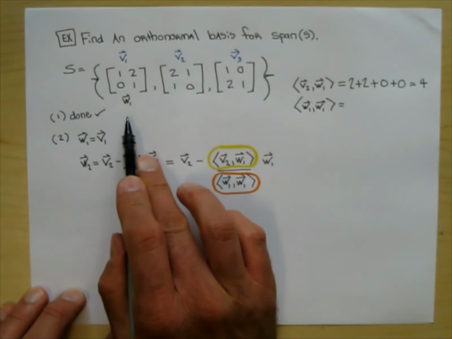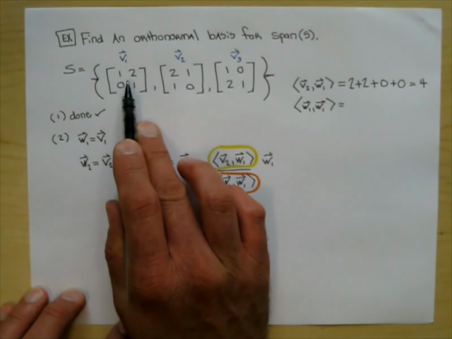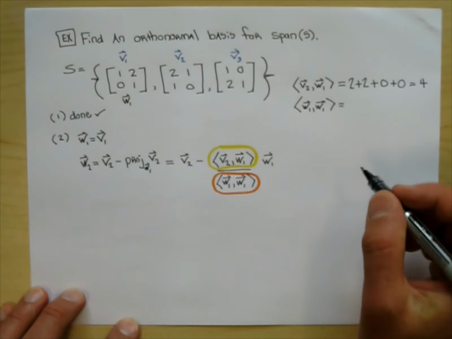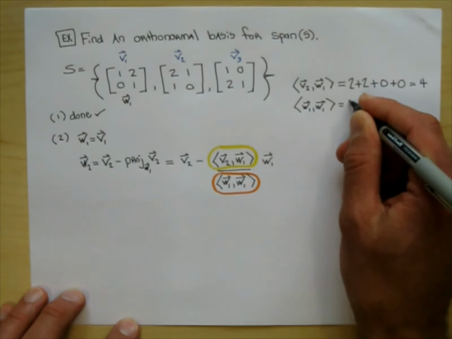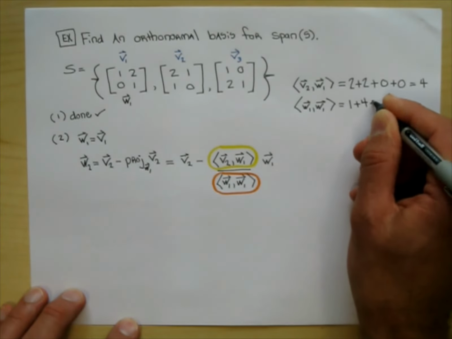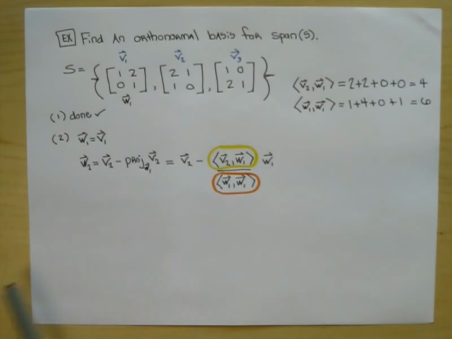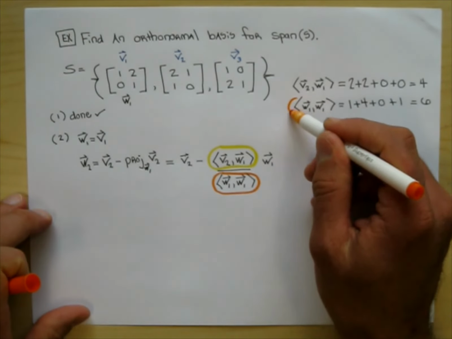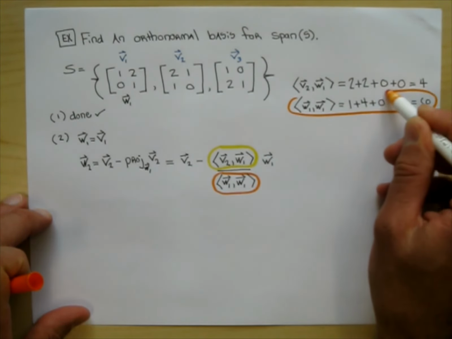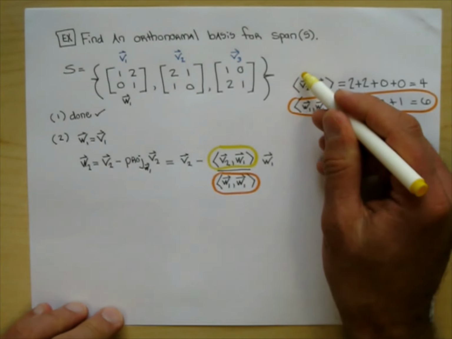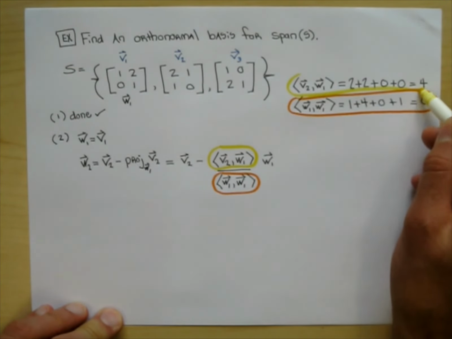Okay, so here's W1. I'm going to go 1 times 1, plus 2 times 2, plus 0 times 0, plus 1 times 1. So 1 plus 4 plus 0 plus 1 gives me a 6. I think I will circle these in their colors, so it's a little easier. And maybe when you're doing your homework or the exam, you can do the same thing.